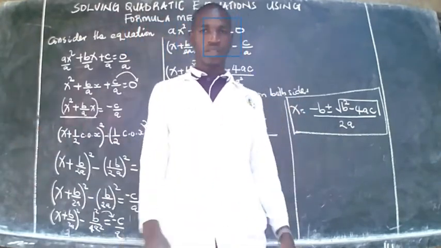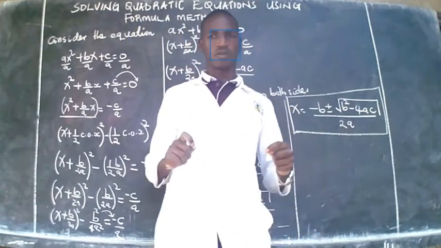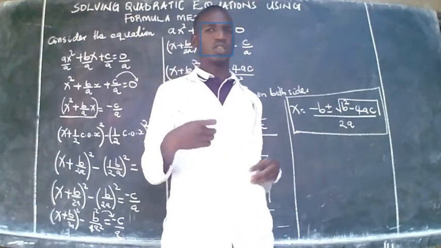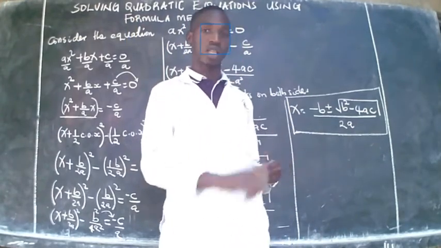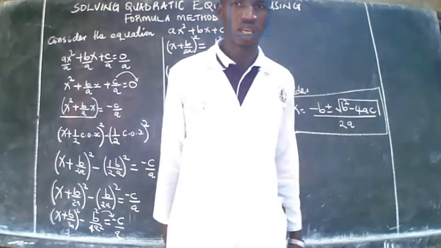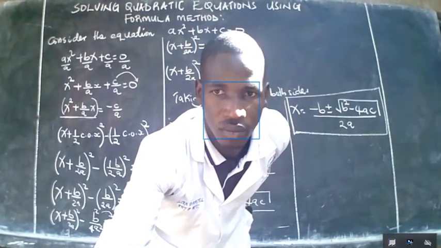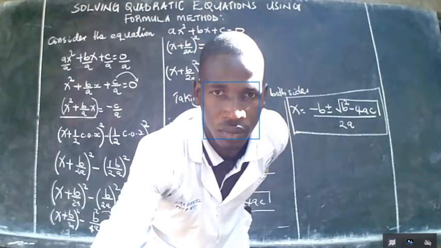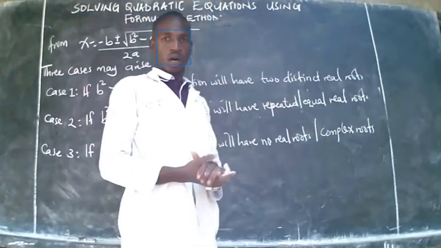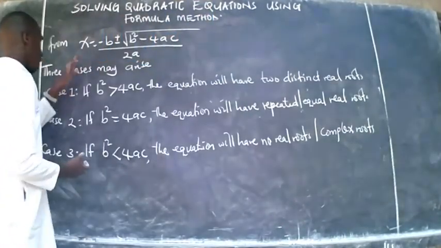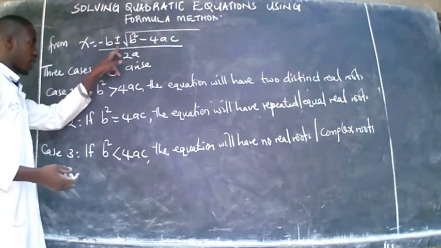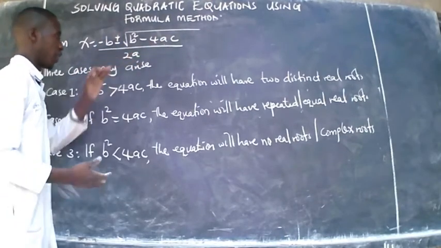Good. So when I'm solving an equation using the quadratic formula, we just quote the formula. We don't need to derive it. We need to just quote the formula. But that's the formula.